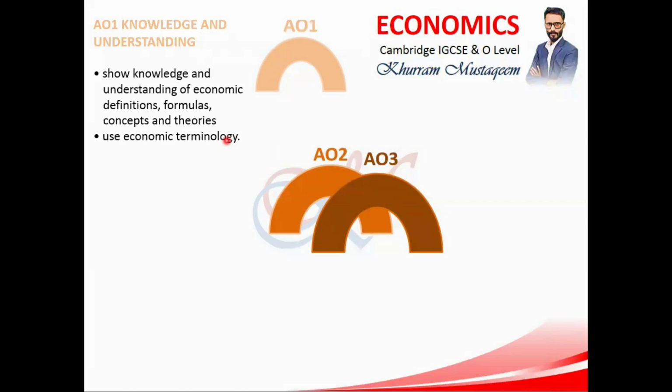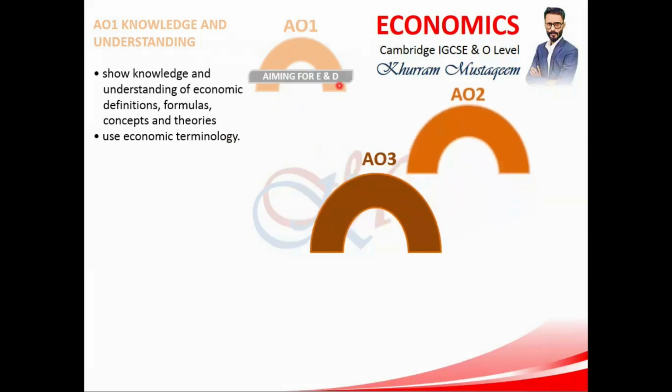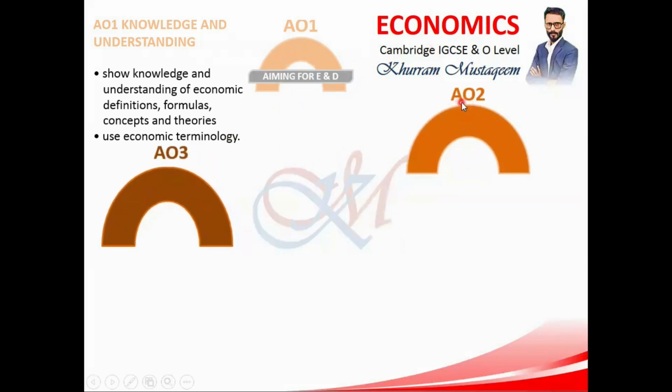You don't have to analyze, you don't have to evaluate that. You only have to give the definition or formula and the concept, and that is called knowledge and understanding. By knowledge and understanding, if you provide correct knowledge and understanding in the exam, you can score grade E and D. But if you want to score more than grade E and D, you have to cover assessment objective 2.